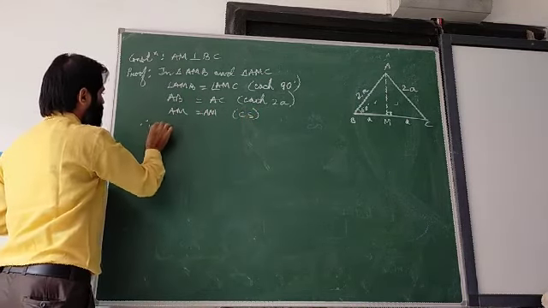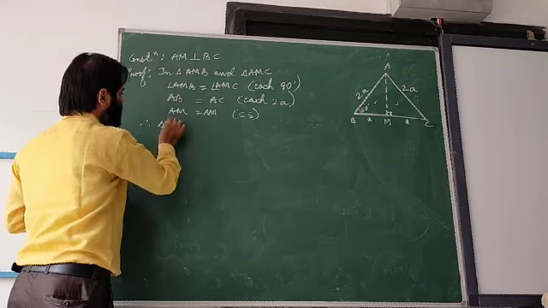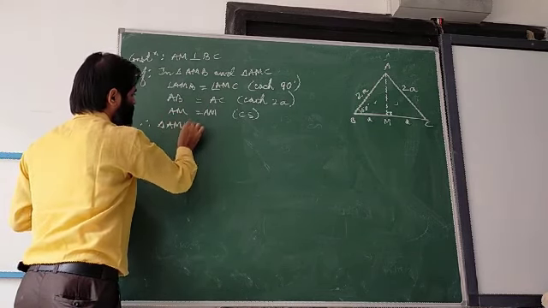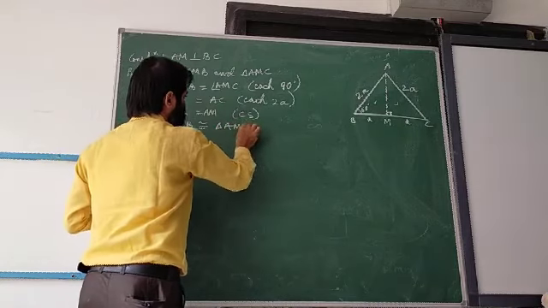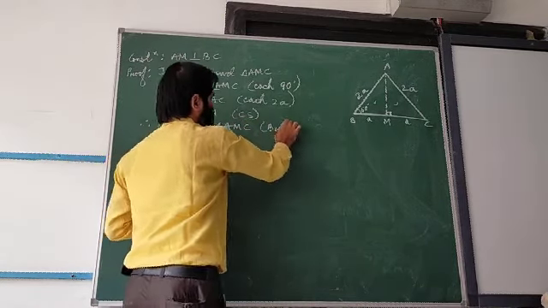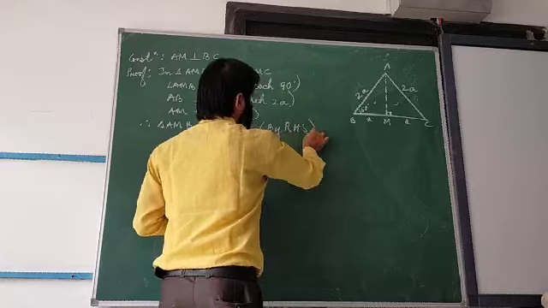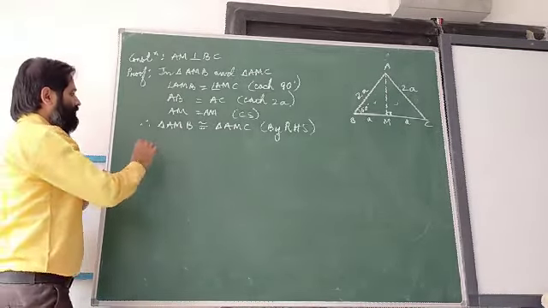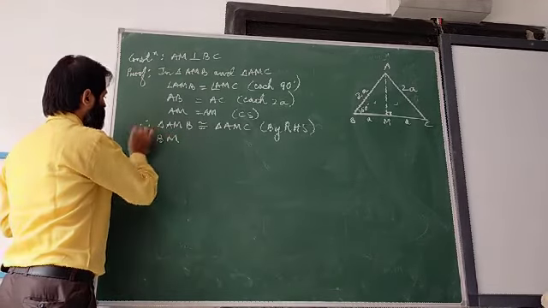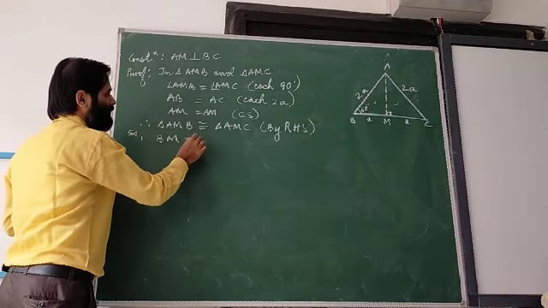Therefore, triangle AMB is congruent to triangle AMC by RHS. If they are congruent, can we say that BM equals CM?